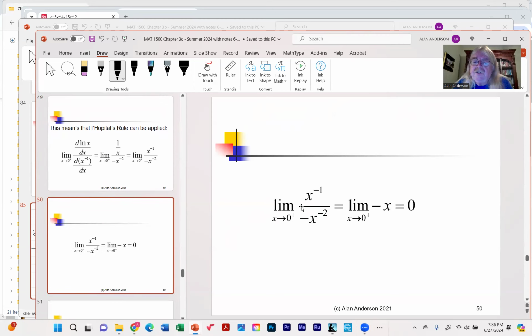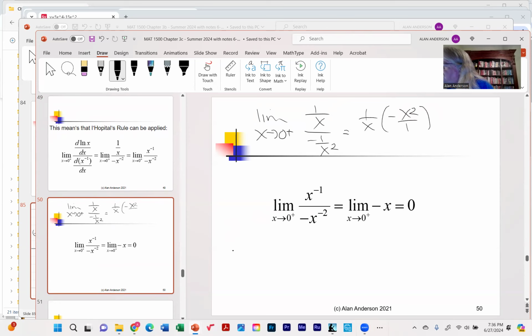And that actually reduces to negative x squared over x, which is simply negative x. Now, when you approach 0 from here, you just plug in the 0 and you get 0, which is what we would have expected.